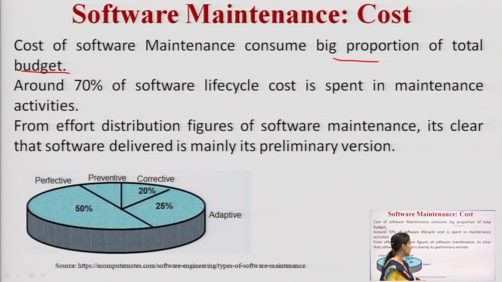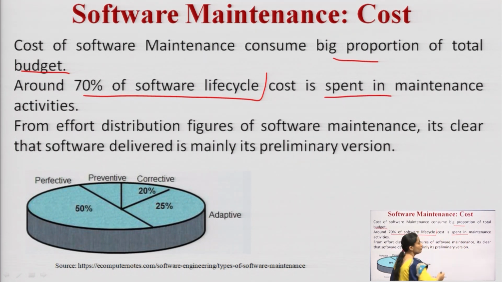We can say that around 70% of the software life cycle cost is spent in maintenance, and the rest 30% involves the requirement specification, design, development and then testing. Most products carry 70% as the software maintenance cost.